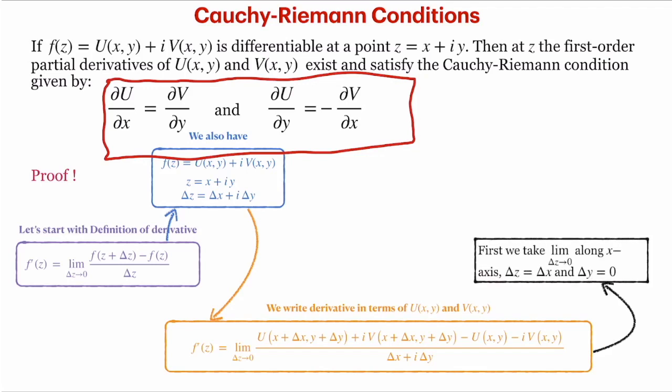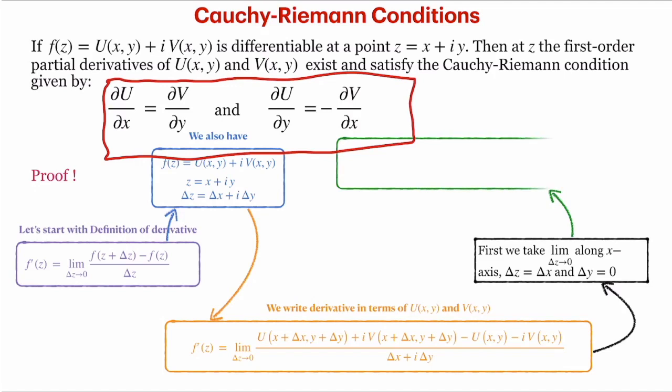Now, in the first case, we take the limit along the x-axis, that is, we take delta z to 0 along the x-axis. In this case, delta z becomes delta x and delta y is 0.